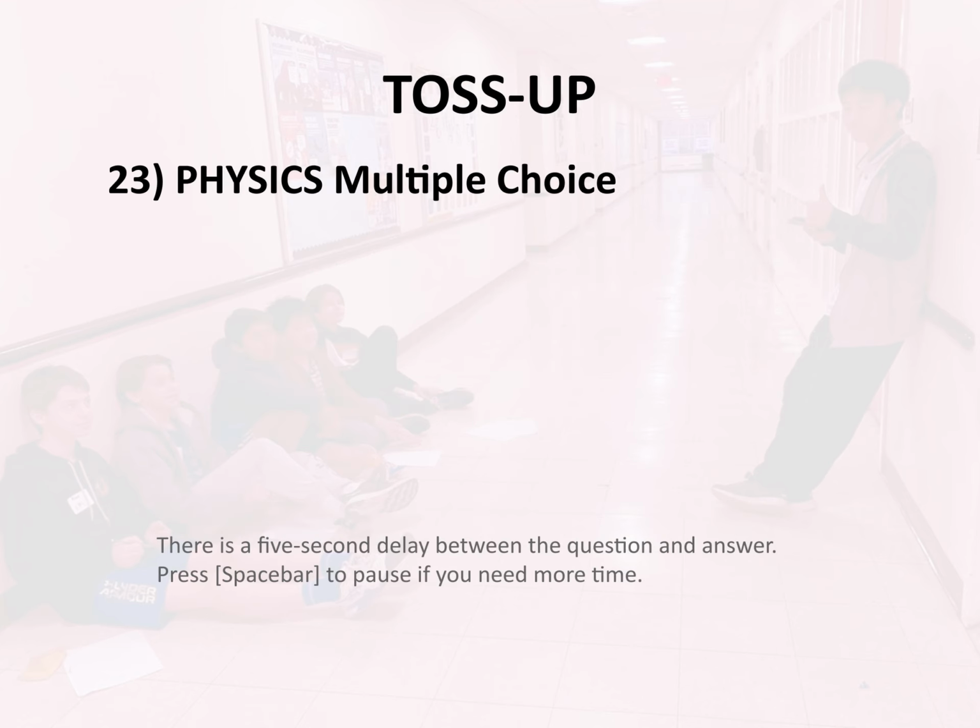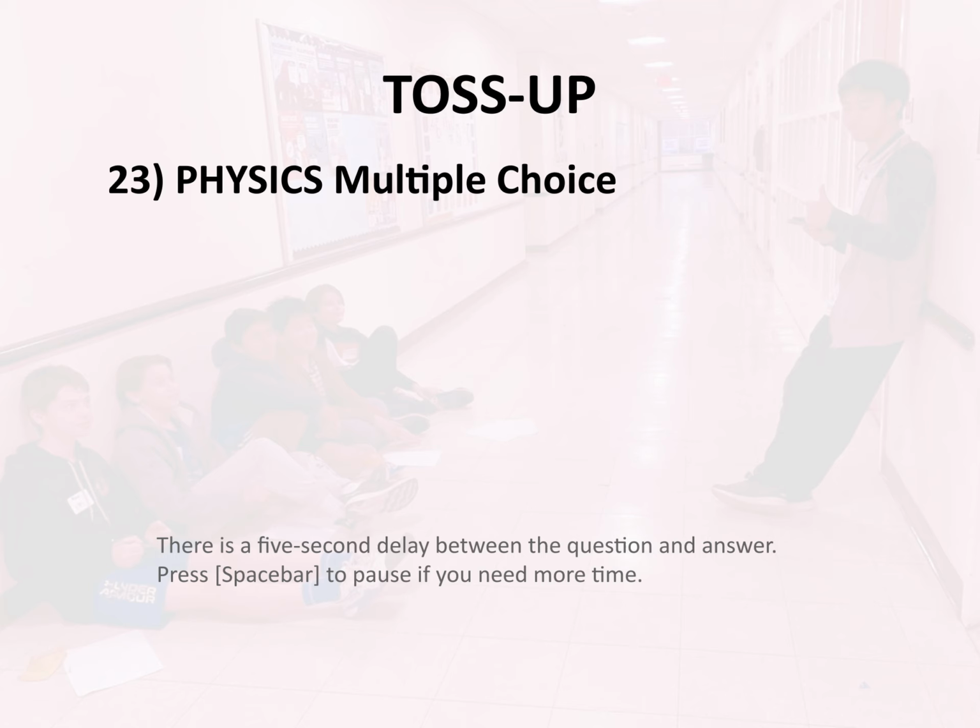Toss-up, 23. Physics. Multiple choice. A simple pendulum is pulled back to a large angle less than 90 degrees, so that the small angle approximation is no longer valid for this situation. Which of the following statements is true about the period of oscillation of the pendulum?